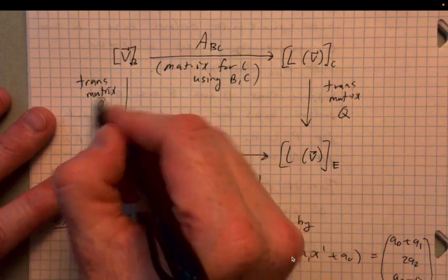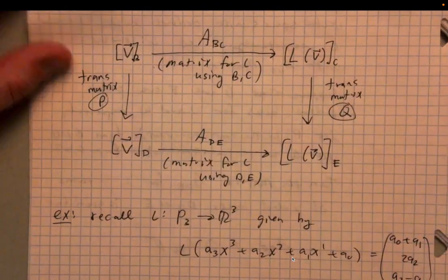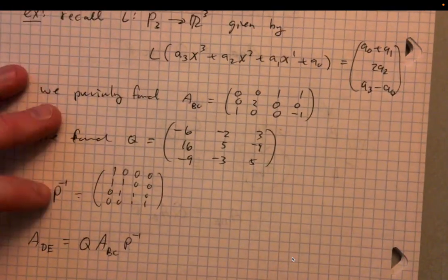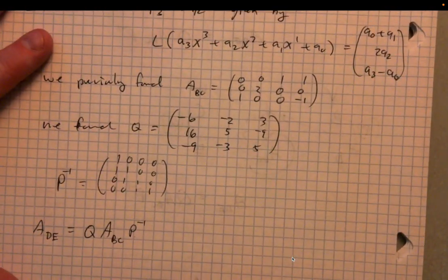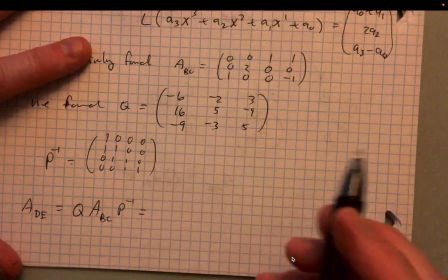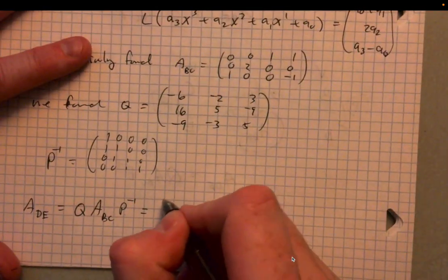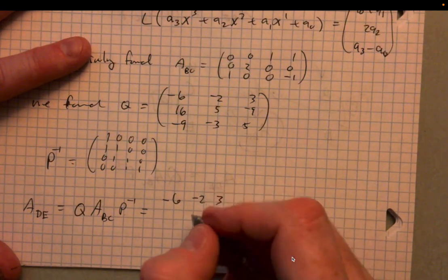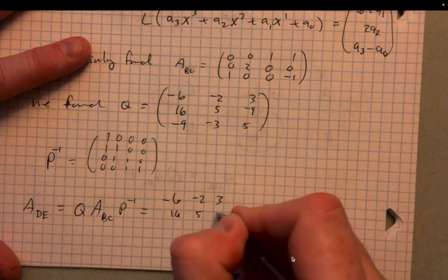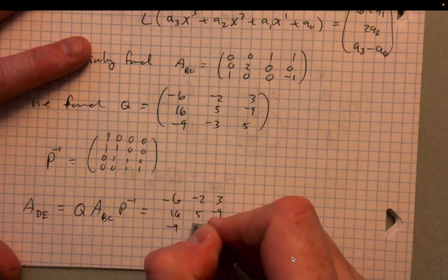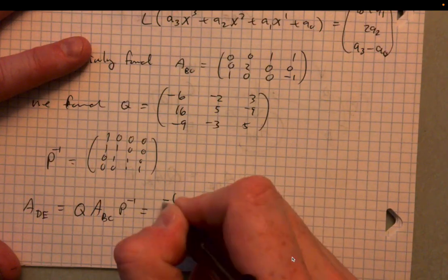It shows you what these things are, P and Q. And so I just have to multiply A sub B, C on the left by Q, on the right by P inverse. And when I do that, here are the actual numbers, and I'll write them out for you. You can verify and make sure you get these matrices and know where they come from. Negative 6, negative 2, 3, 16, 5, negative 9, and then negative 9, negative 3, 5.